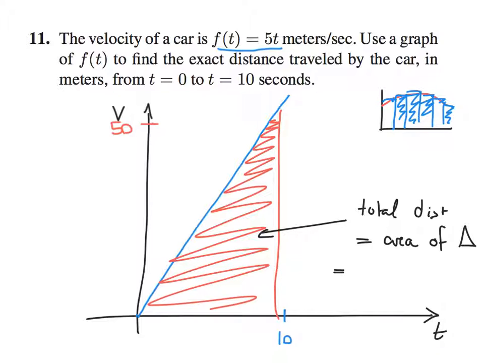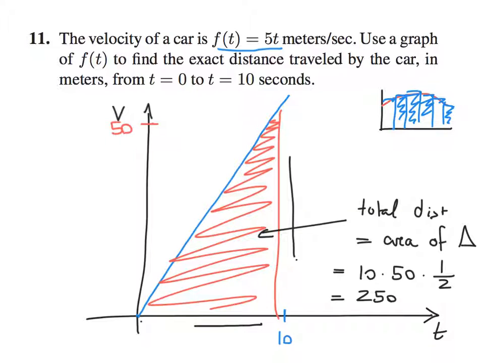What is the area of a triangle? Since this is a right triangle, it's the length of this side times the length of this side divided by 2. So that would be 10 times 50 times 1/2. So now it's not roughly, that is exactly 250.